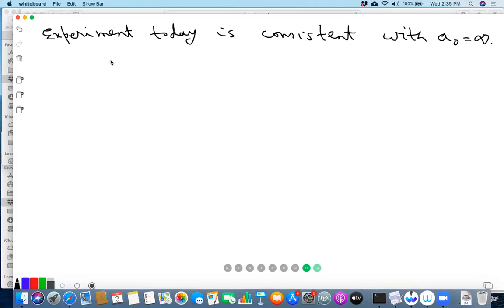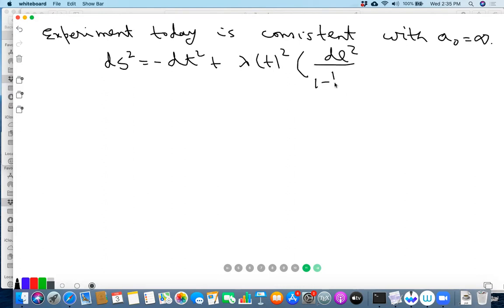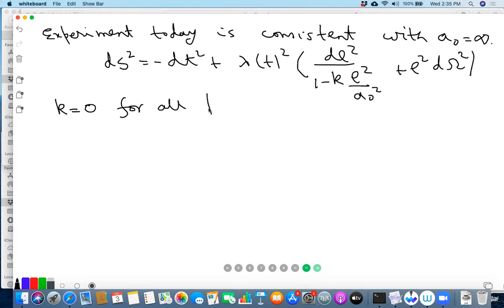If we now write the FRW metric again, ds squared is minus dt squared plus lambda(t) squared d rho squared over... what this is saying is that k can be taken to be 0 for all practical purposes.